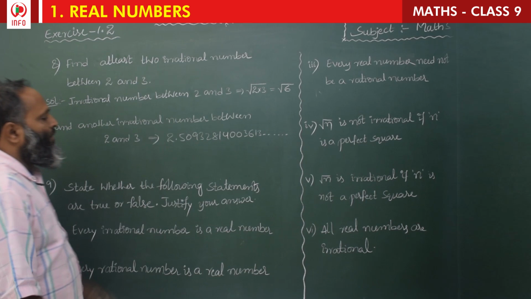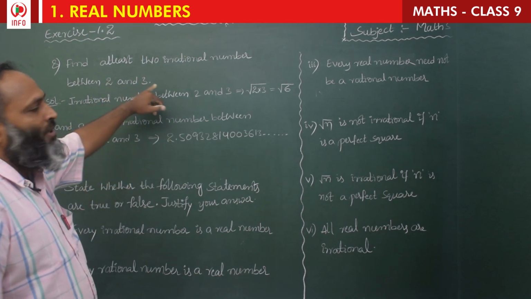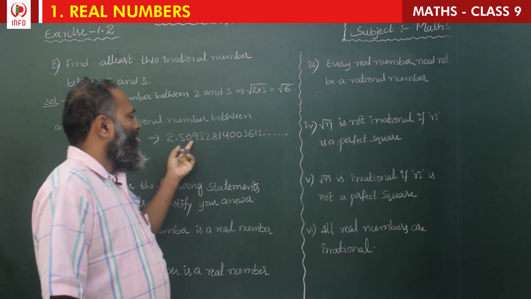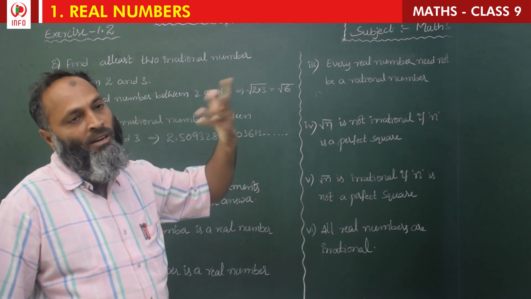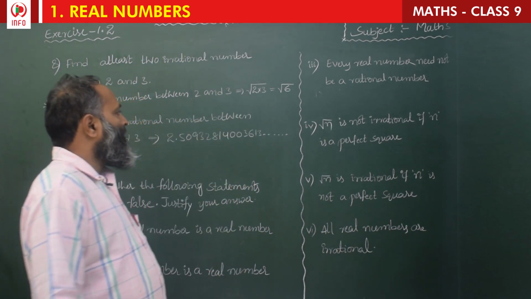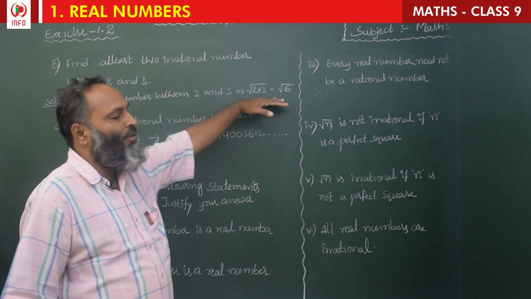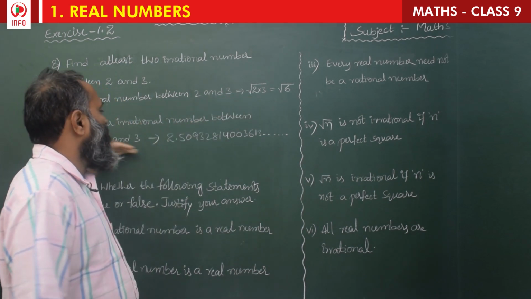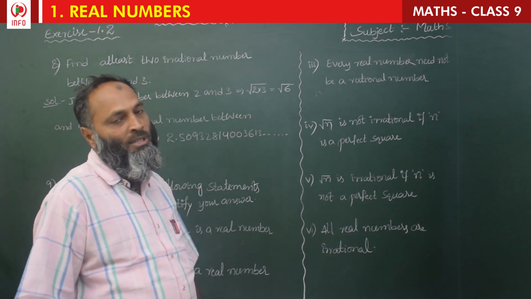It's like this, any number; 2.0, 3.0, in between means 2.5. After that, any number you can write. So that is an irrational number. So one irrational number in square root form, another irrational number in decimal form. So two irrational numbers we can write.